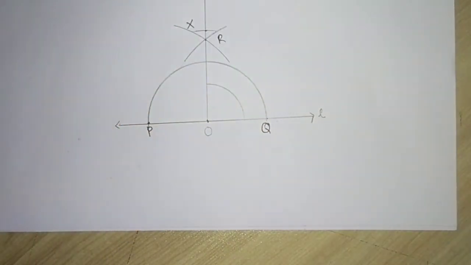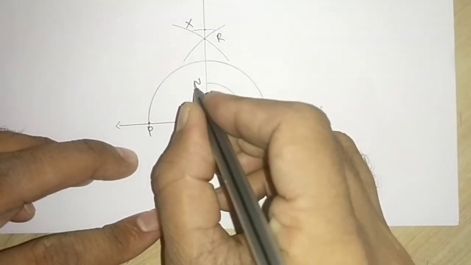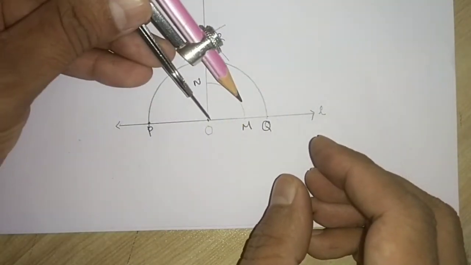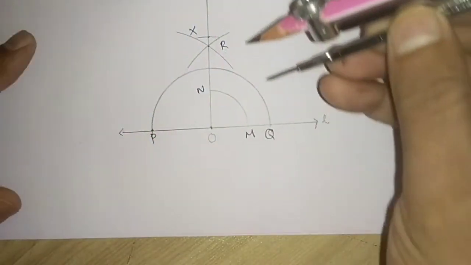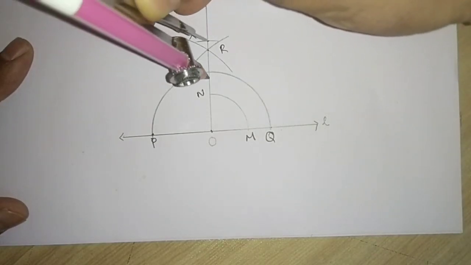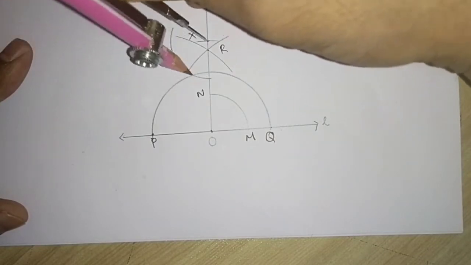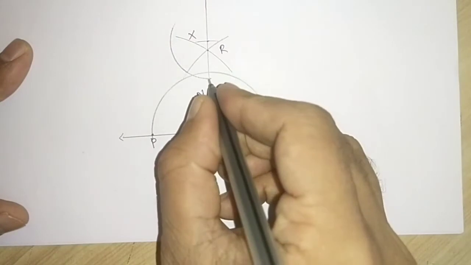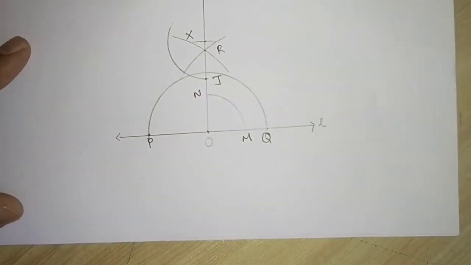Name these points as M and N. Now taking the same measurement which we have done at O, put it on X and draw one arc which intersects OB at J. It is intersecting here, so I am naming it as J.